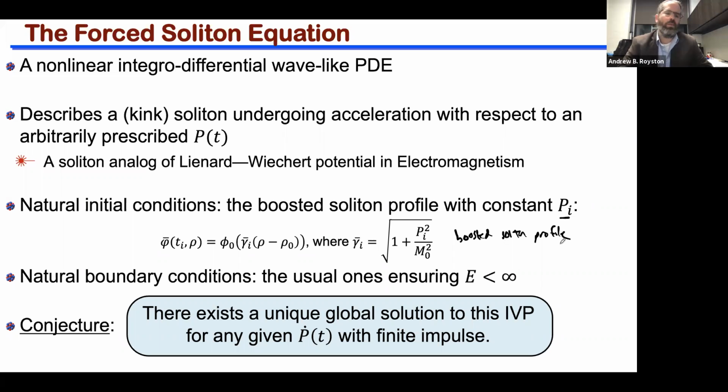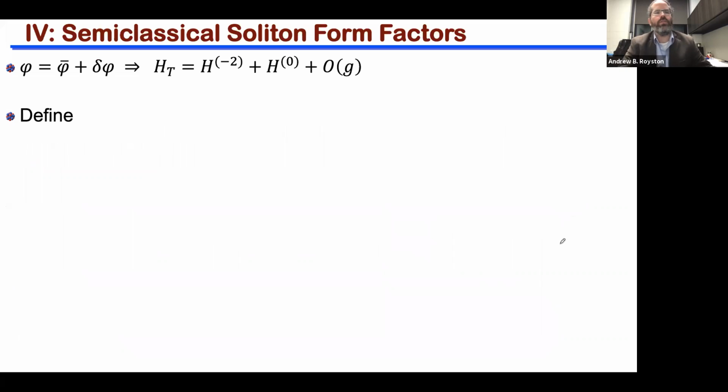But what we can do for now is just assume that there is a unique solution and carry on a little bit further to see where we go with that soliton form factor. So, last couple of slides, let's see what happens if we do that. Here we're going to assume we've got a solution to this forced soliton equation, and we'll expand in fluctuations, plug back into the Hamiltonian, and expand.